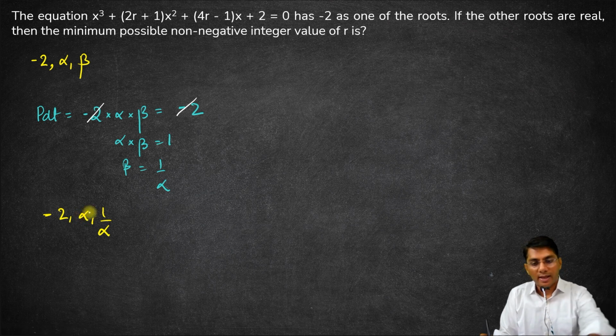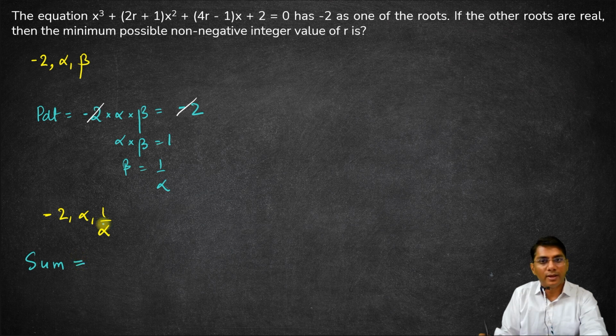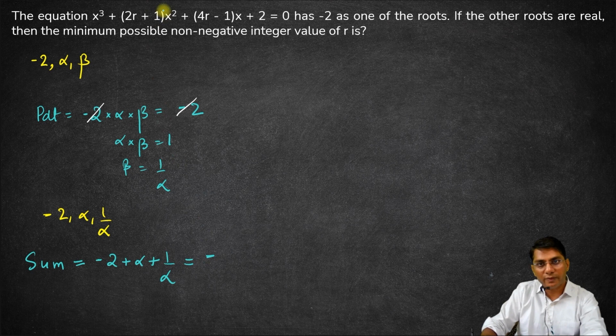Okay. Next, let's talk about the sum of the roots. Right. So the sum of the roots here is minus 2 plus alpha plus 1 upon alpha. And from here we know the sum of the roots is minus the coefficient of x square upon the coefficient of x cube. So minus of (2r plus 1). Fine.